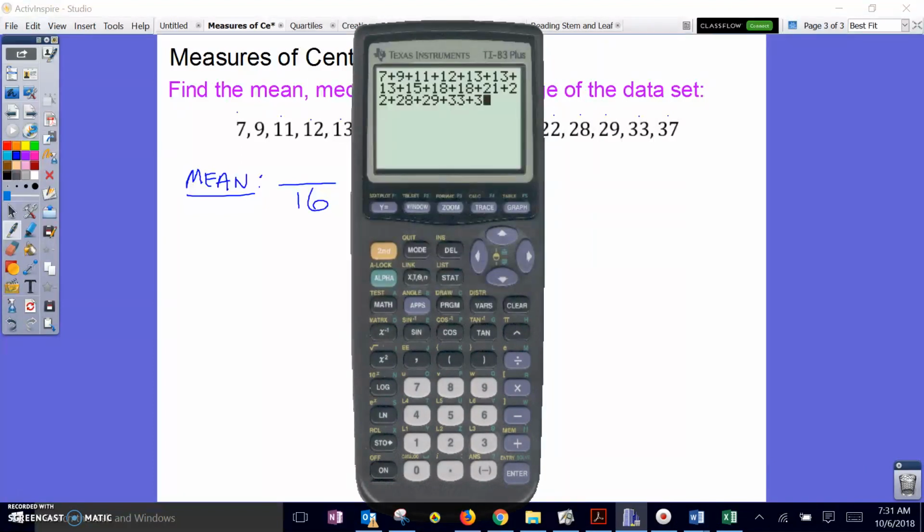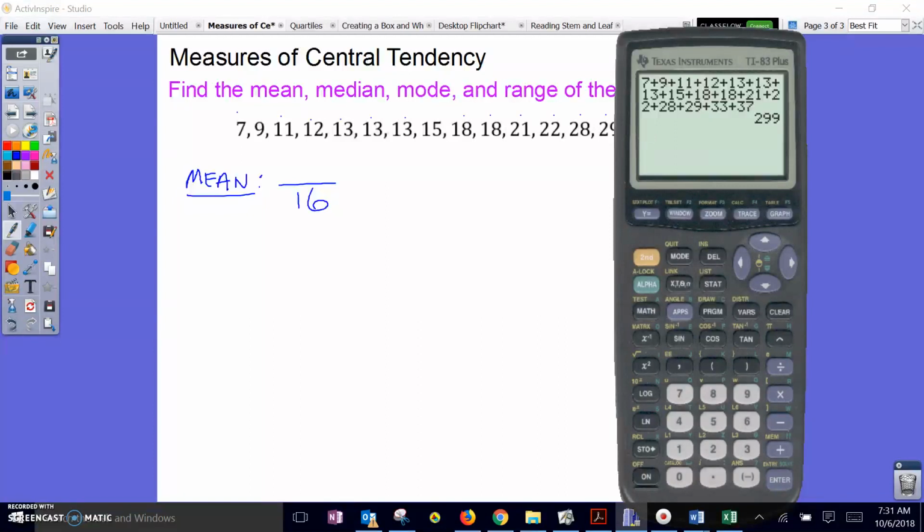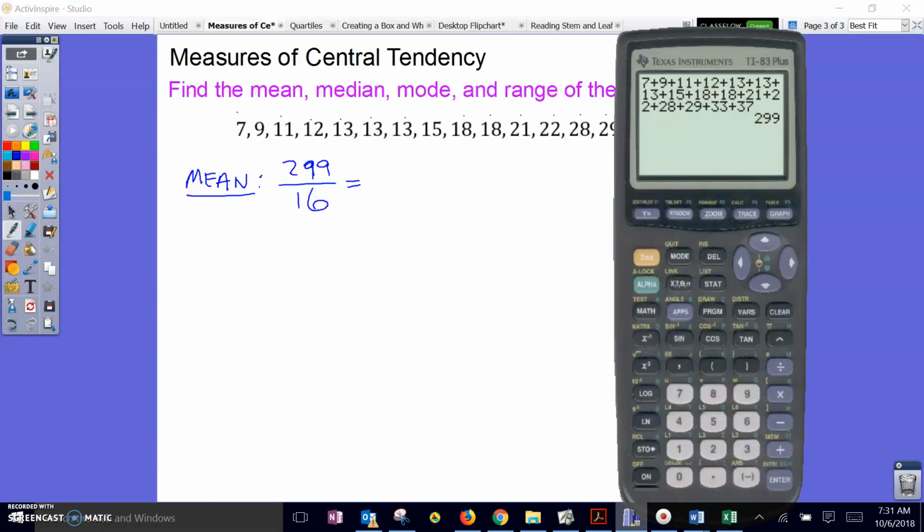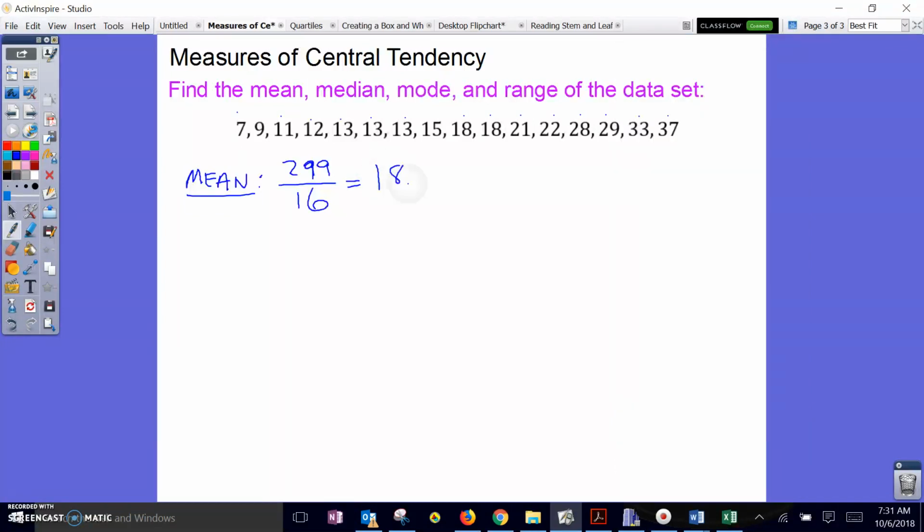And 37 is the last number in the list. And so those add up to 299. Then we're going to divide that by the number of numbers, which is 16, and we get 18.69 as our mean.